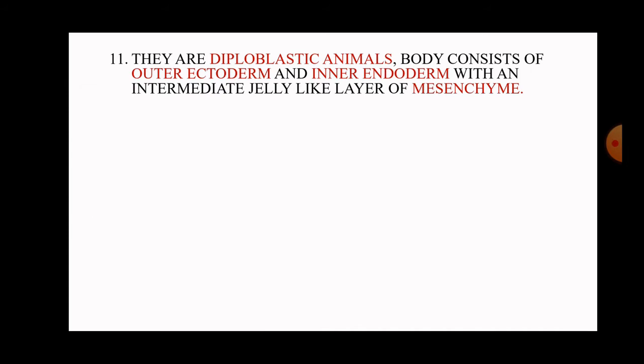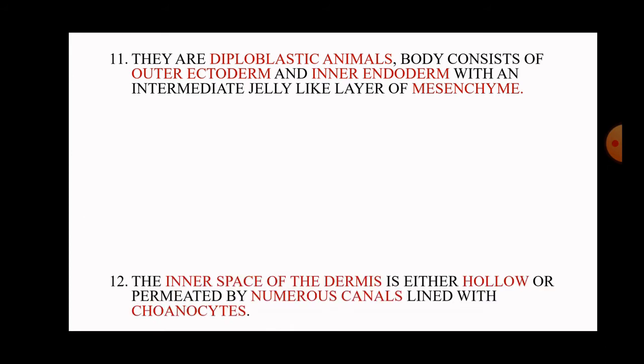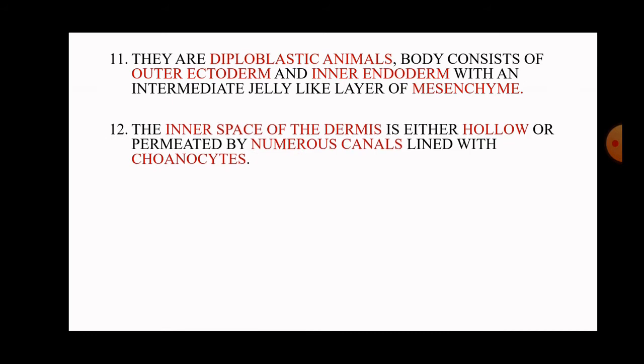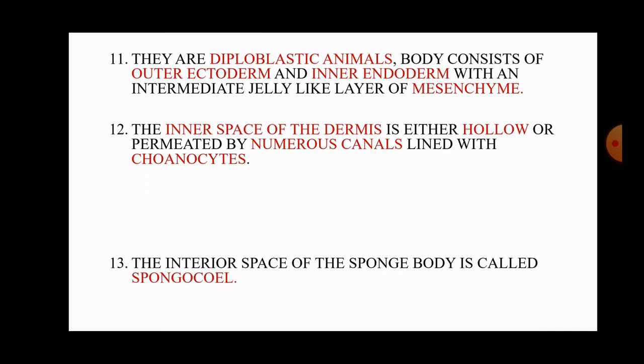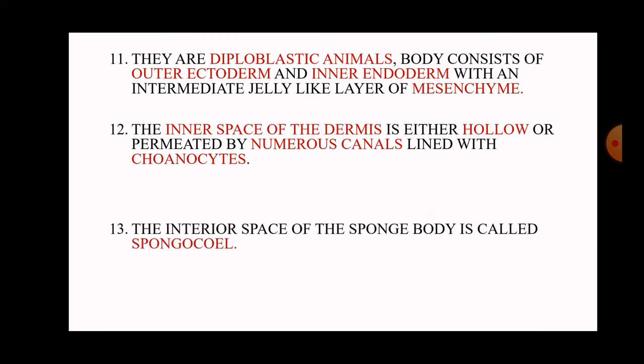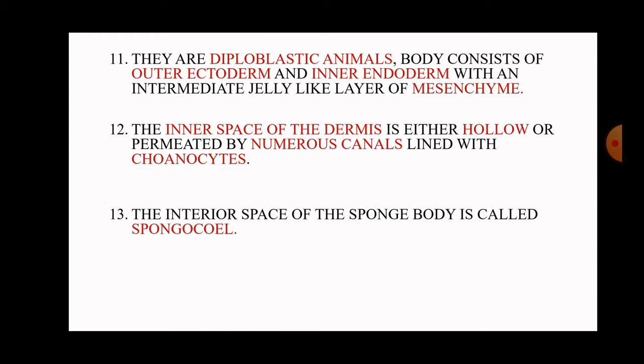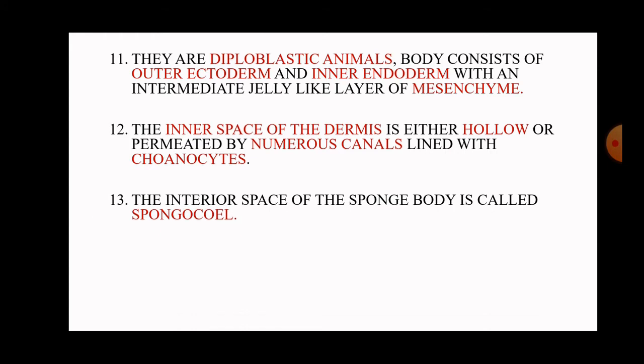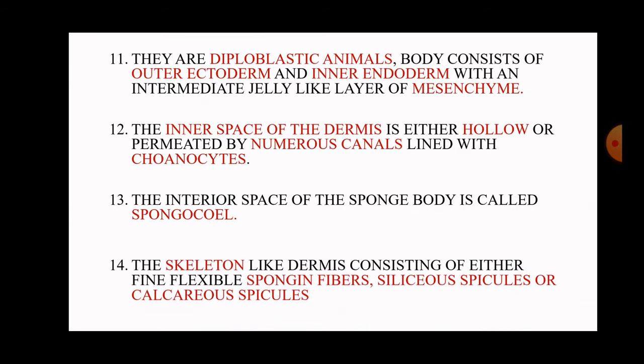In between, there is another jelly-like layer called mesenchyme, but it cannot be treated as a third layer. The inner space of the dermis is either hollow or permeated by numerous canals. All these canals are lined with choanocytes. The interior space of the sponge's body is called the spongocoel, which is one big cavity of their body.